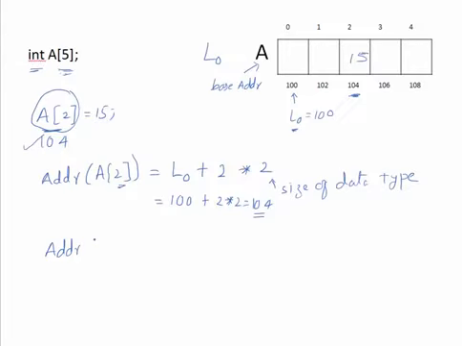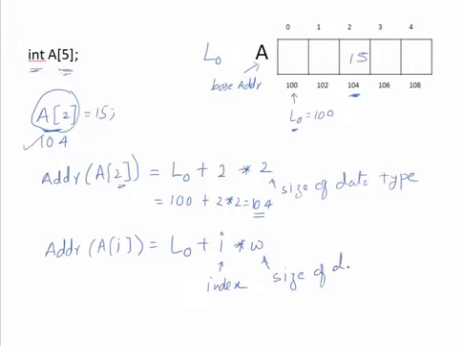For any location a of I, to get the address of that location, the compiler will replace it with the formula L0 plus I into W, where W is the word size. This is the index and this is the word size. Word size is the size of the data type.